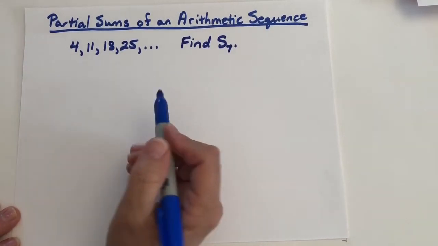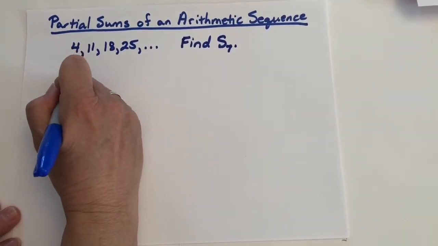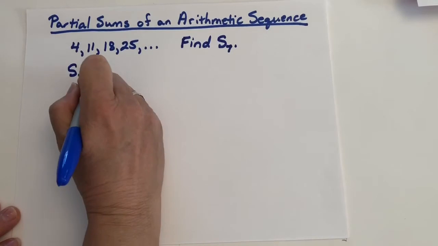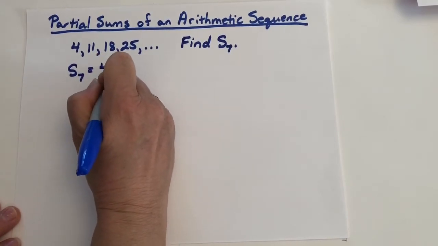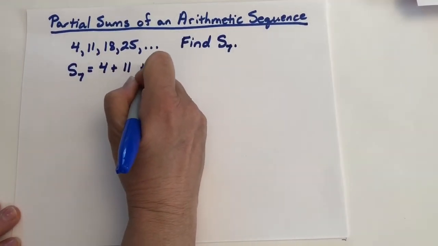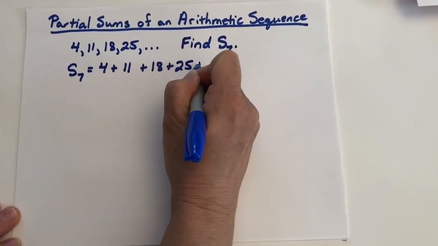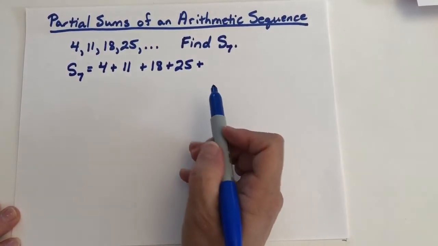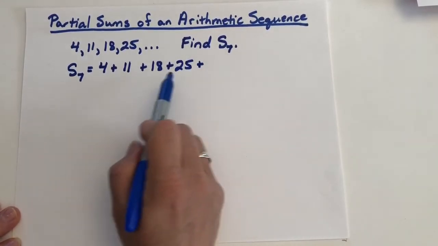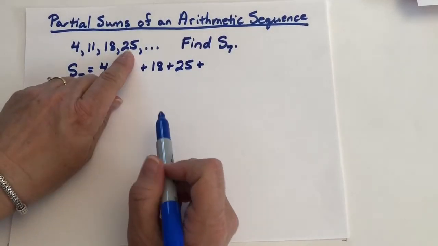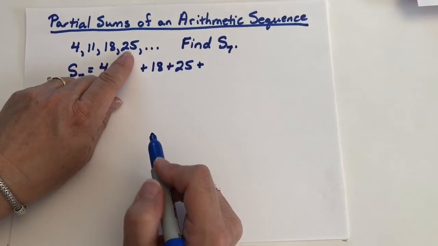So for this one, it doesn't take much to do that. We could just do it directly. We know the first 4 terms are 4, 11, 18, and 25, but certainly we could find 3 more because we can simply add 7 to each term to get the next one.